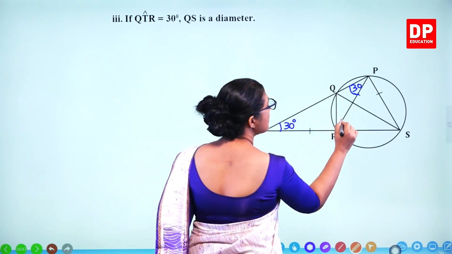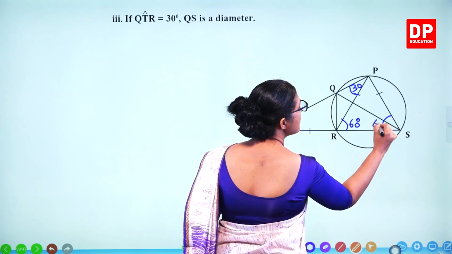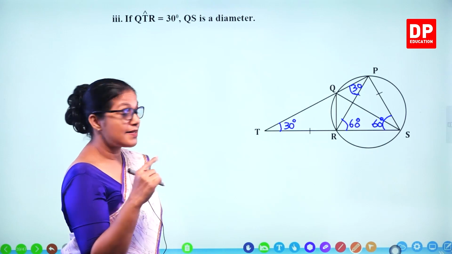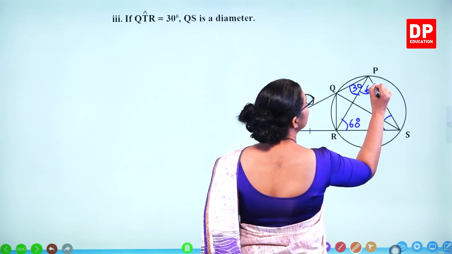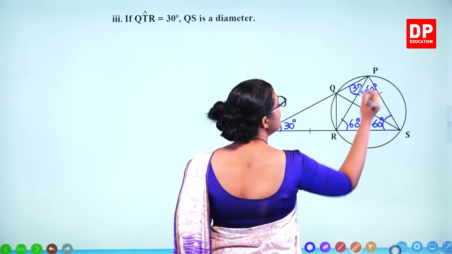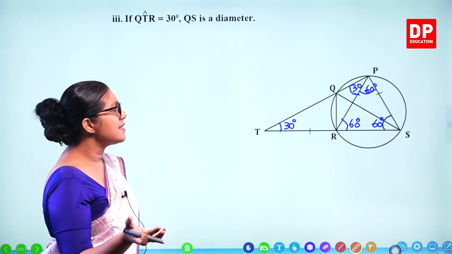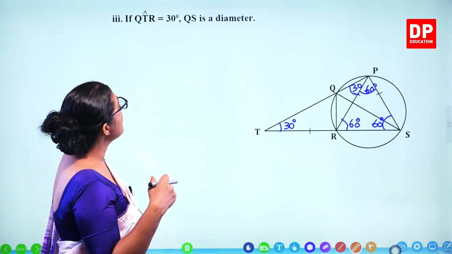This is 30, this is 30, that means this is 60. So this is 60, this is 60. So when you take triangle PSR, 60 and 60, 120, so this is also 60. Now look at this one. What is angle QPS? That's 90 degrees. Any semicircle angle is 90 degrees. So that means QS is the diameter.